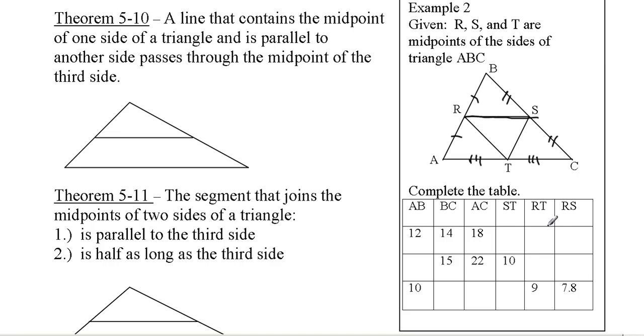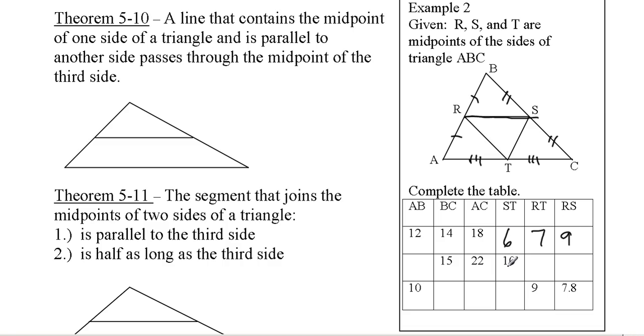So as we go across filling this in, we say AB is 12, BC is 14, AC is 18. If AB is 12, it has to be twice as long as ST because it's connecting the midpoints of two sides of a triangle. So ST is half of that, which is 6. If BC is 14, then RT has to be 7. And if AC is 18, then RS is half of that, which is 9.